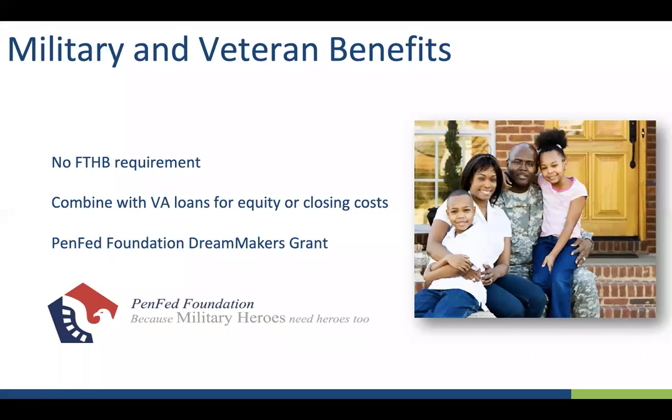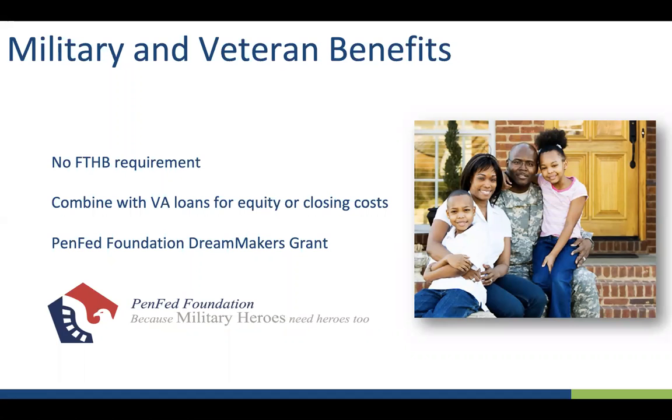I'll give you an example of a program for the military audience. The Penn Fed Foundation has a Dream Makers grant. That's the name of the program. It's a 2-to-1 match up to $5,000. So if the veteran puts in $1,000, they'll match it double, and that's $2,000 from Penn Fed for a total of $3,000. They'll match up to a $5,000 grant. It is a grant.